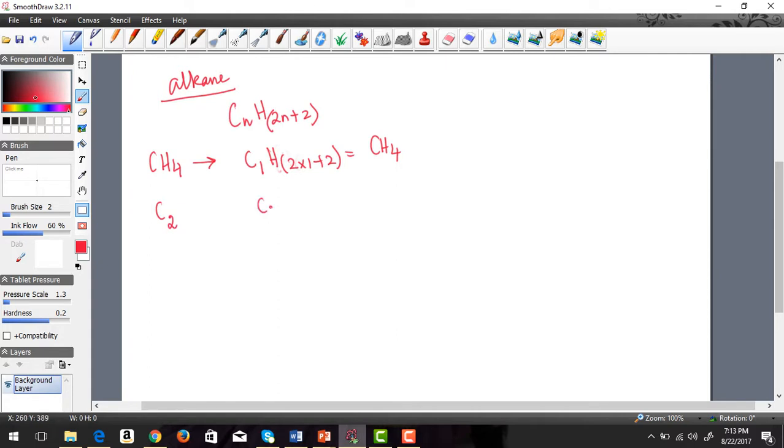The reason we're doing this is because initially it's difficult for people to get around the idea unless I give them the whole formula. So hydrogen is 2 times 2, plus 2, which would be C2H6, right? So if you do the reverse mapping, we would have 6 hydrogens.